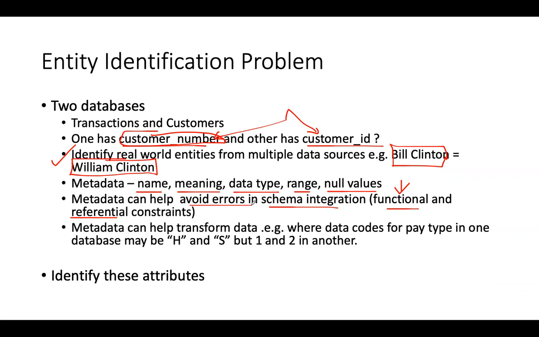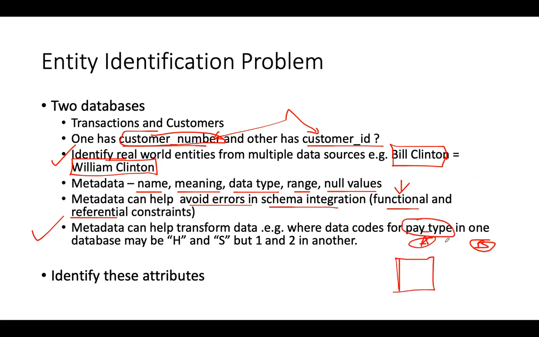And lastly, I could provide you another example here. Let's say you want to transform the metadata from two databases, A and B. This database has this attribute, pay_type.